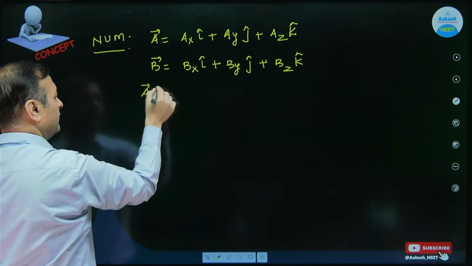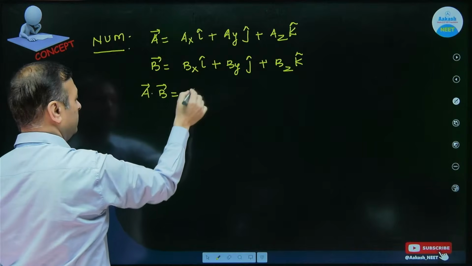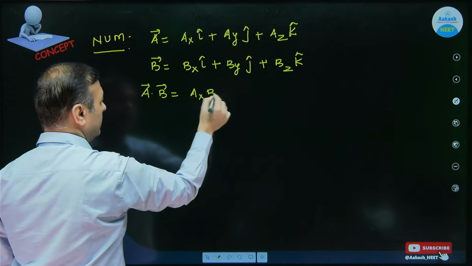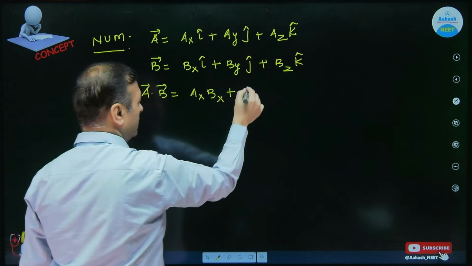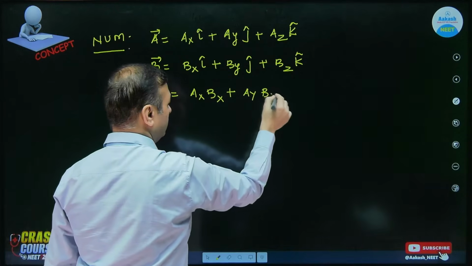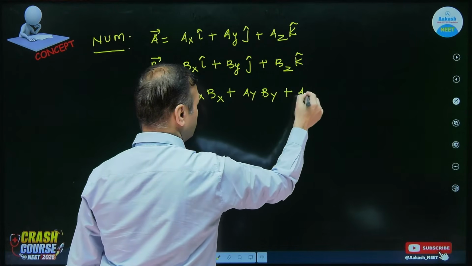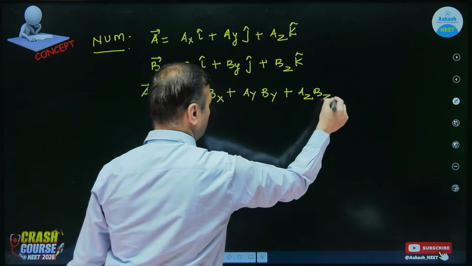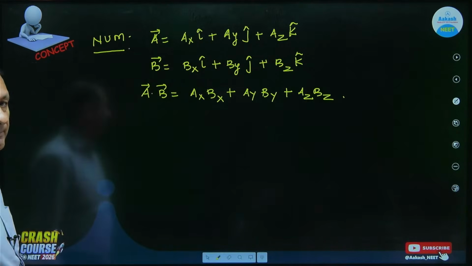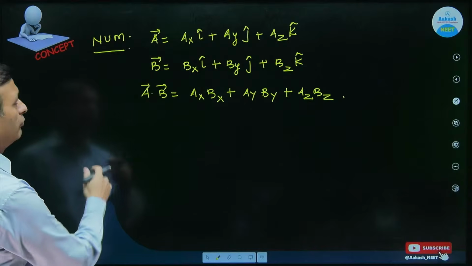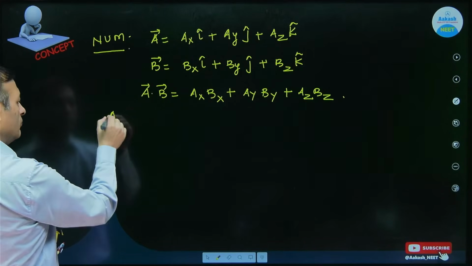So when you define A dot B, ultimately you end up with ax bx plus ay by plus az bz. Got it?